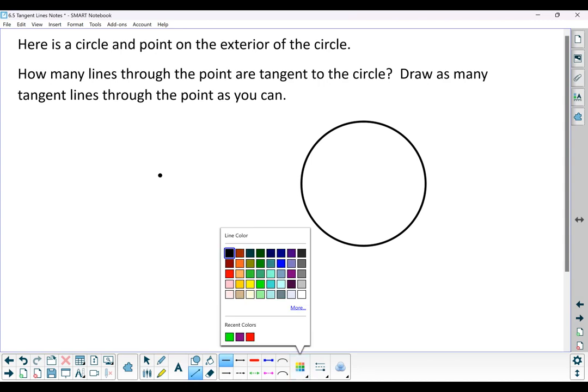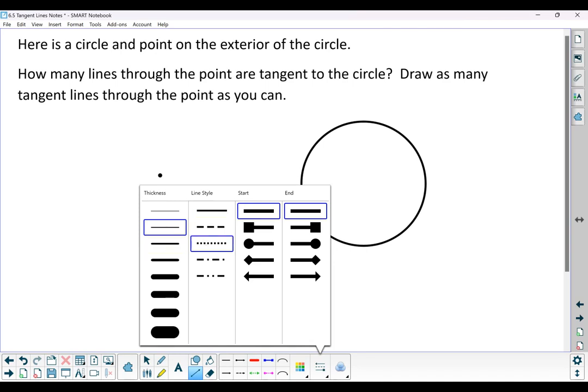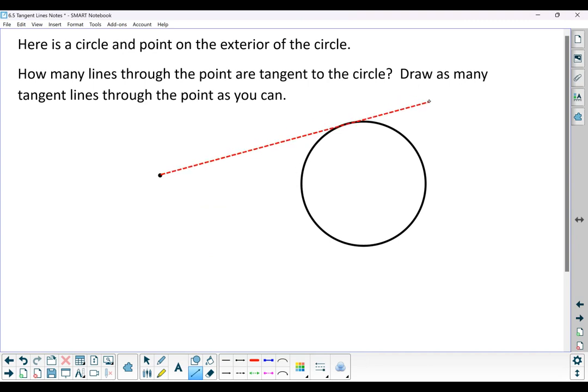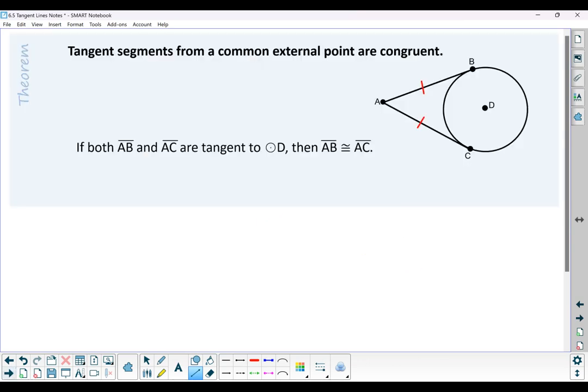Well, if I'm trying to connect a point to be tangent on the circle, it's going through this point, and you can see all the way through here, it's not tangent because it's intersecting the circle at 2 points, but there's definitely one right here on this side of the circle, but then there's another one on the other side. So there are 2 lines through the point that are tangent to the circle, one to each side of the circle. And it wouldn't be possible to draw any more than that.